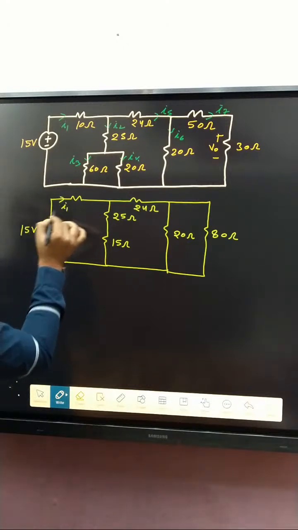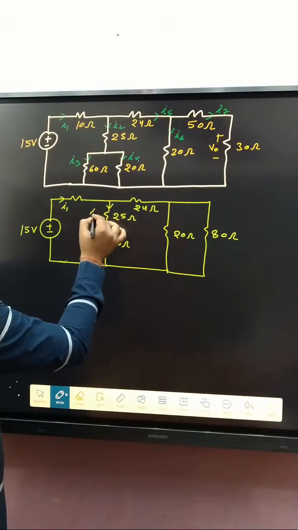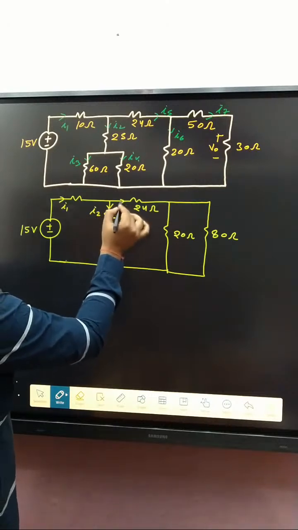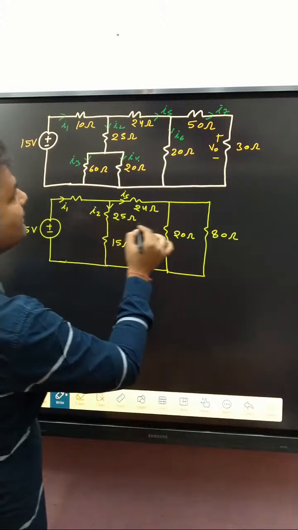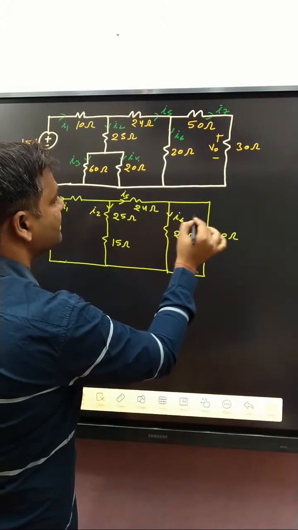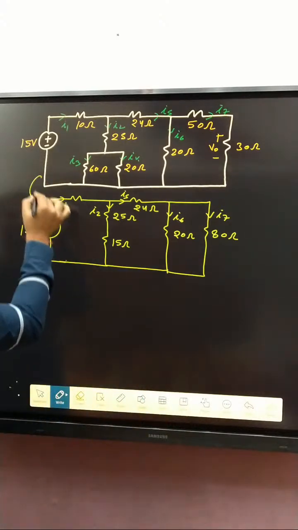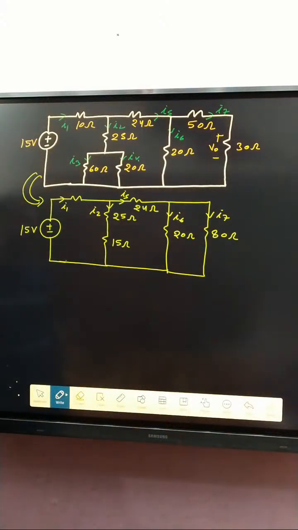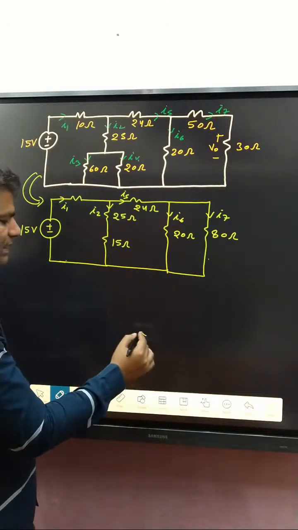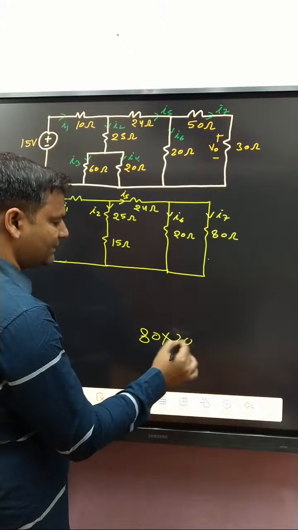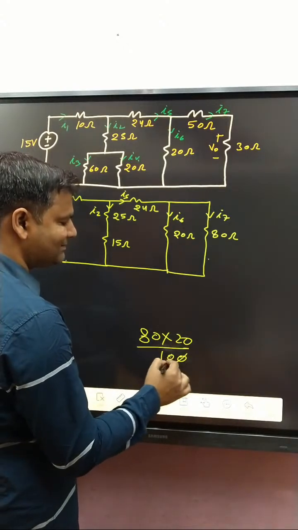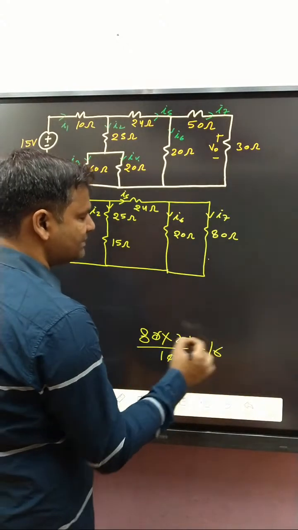Here I1, here I2 current, here I5, here I6, here I7. After that, these two are parallel, so the combination of these two, 80 into 2 divided by how much? 100. So that is 16 ohm.